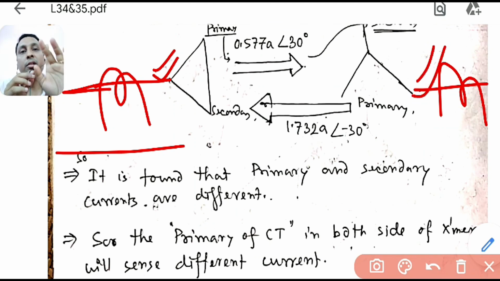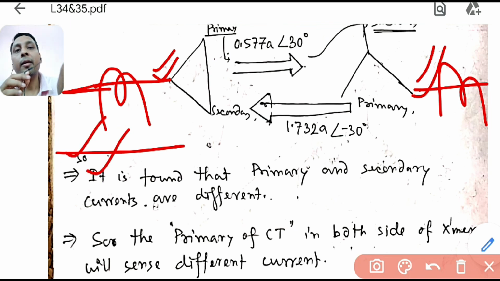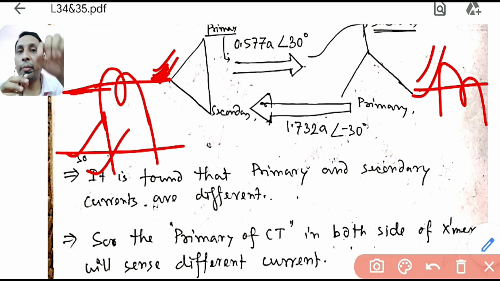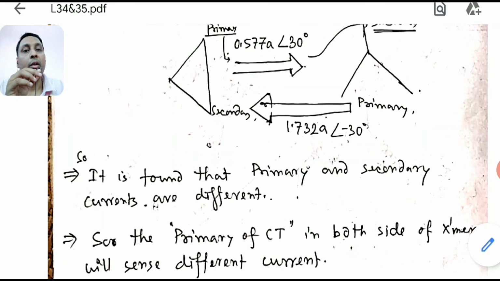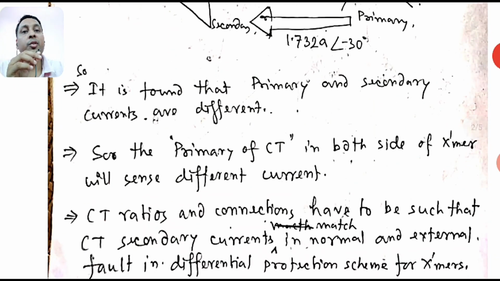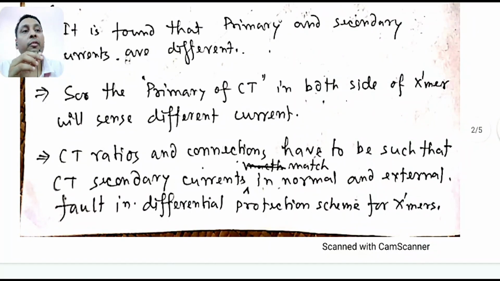There are two CTs. For this CT, this one is the secondary, and the primary is the line on which it is sitting. This line and this line currents are different. So the primary of the CT in both transformers will sense different current. Now you can feel it.